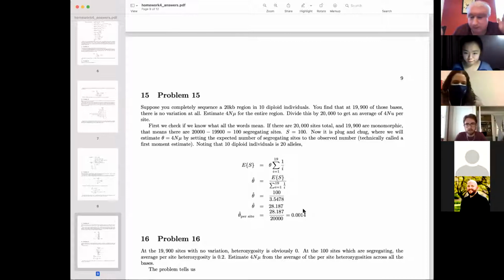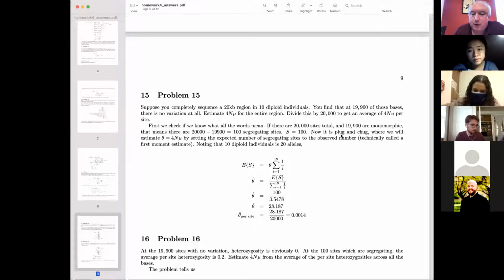Everything beyond that's arithmetic. So the words from the problem: we have the length of the region, 20 kb, 10 diploid individuals, which means 20 alleles were sequenced, which means the sum runs from 1 to 19.